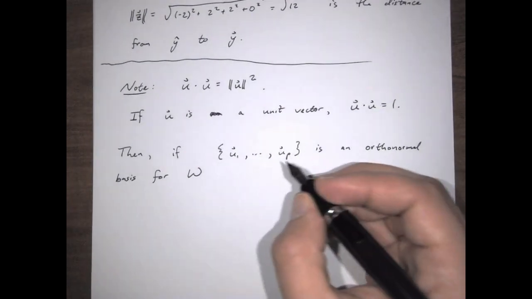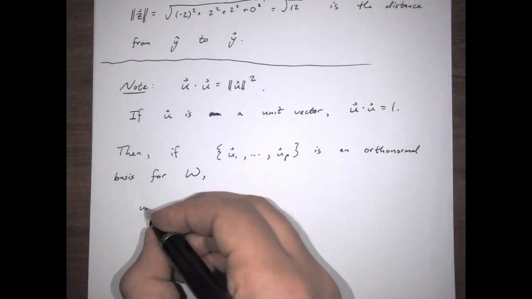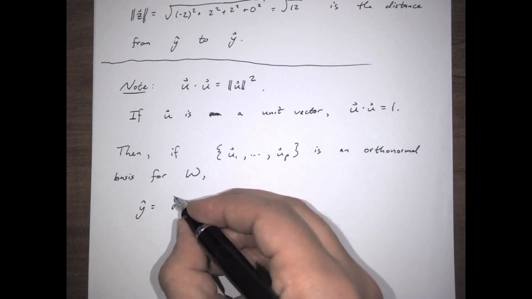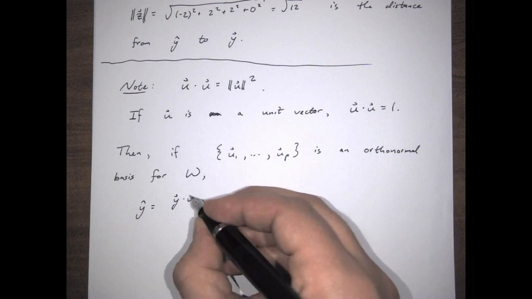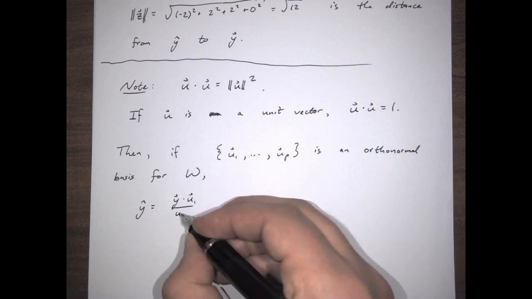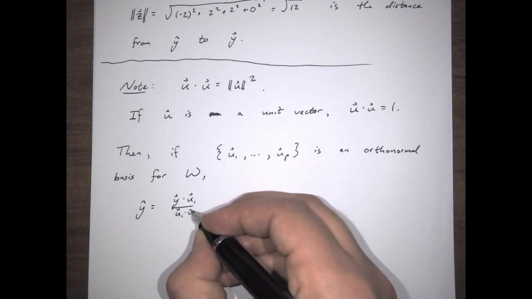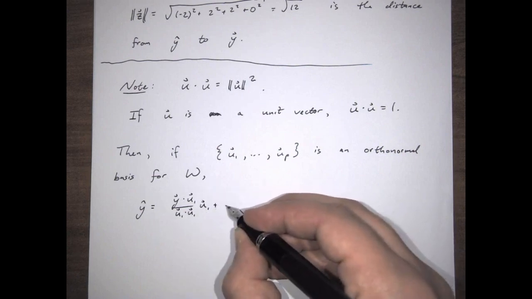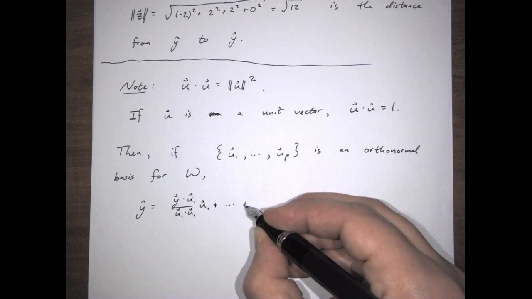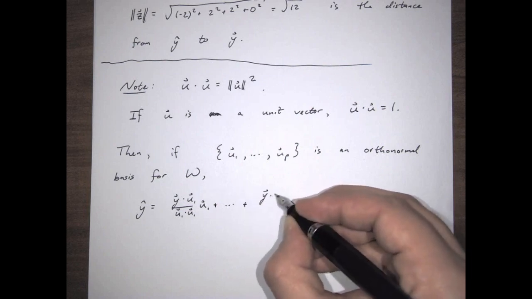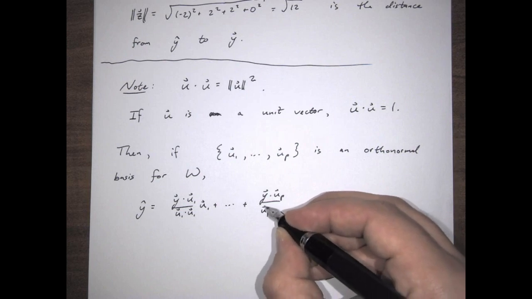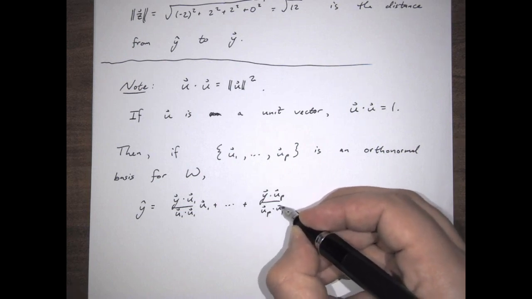So if it's an orthonormal basis for W, then y hat is going to be equal to y dot U1 over U1 dot U1 times U1, dot dot dot up to y dot UP over UP dot UP times UP.